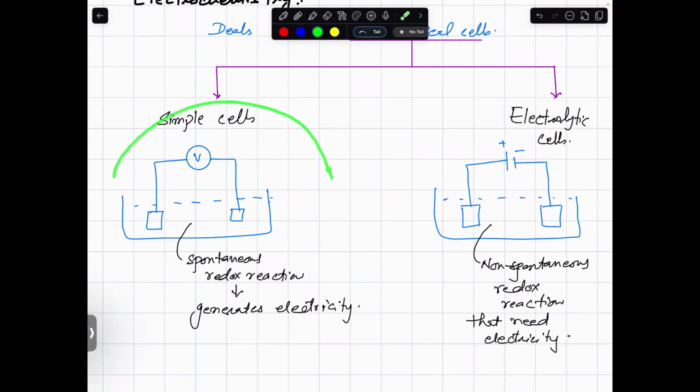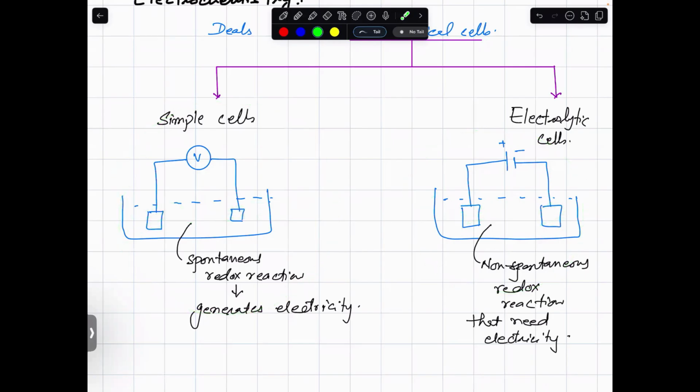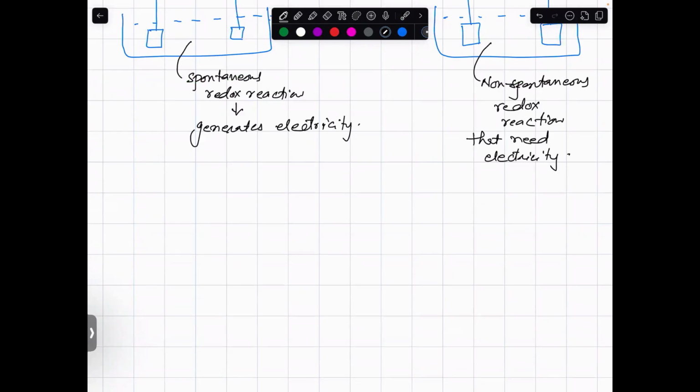Now, whether it is a simple cell or an electrolytic cell, both contain two electrodes. You can say two half cells. In all cells, there are two half cells or electrodes.